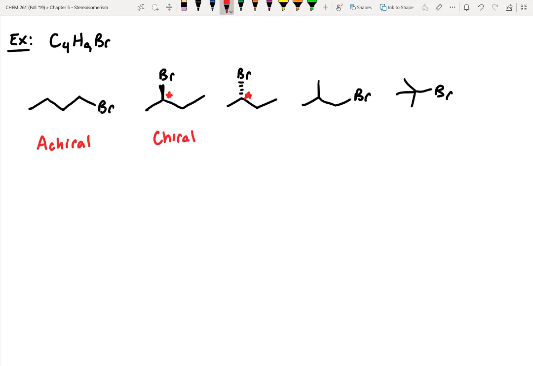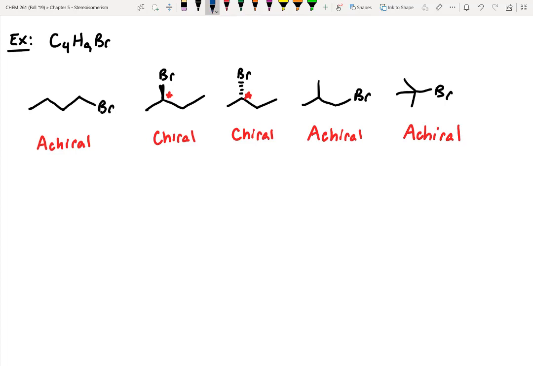It has a stereocenter and it doesn't have an internal plane of symmetry, which is good. And then over here we know this one's kind of the same. Do the next two have stereocenters anywhere? No. So they must be achiral as well.